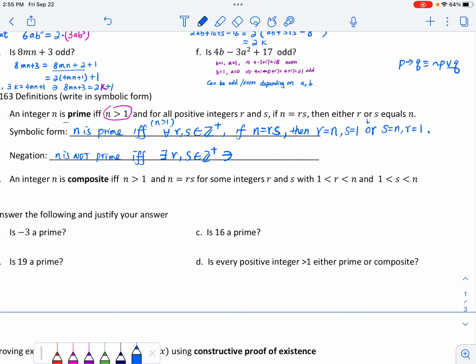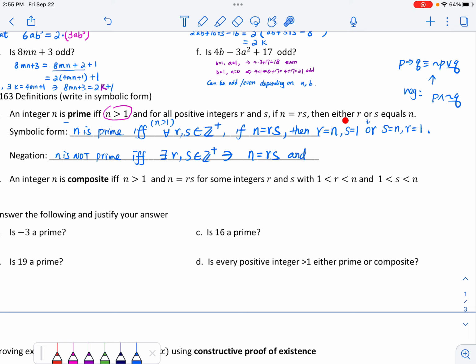So we are going to say P, which is n equals rs. The negation will be P and not Q, okay? So this is the P and this is the Q. So we have P and not Q, right? You're going to negate this.